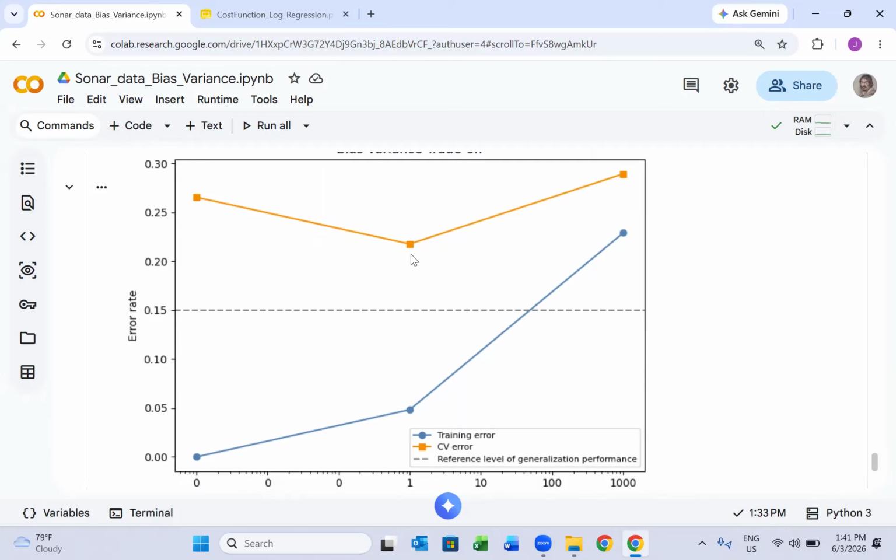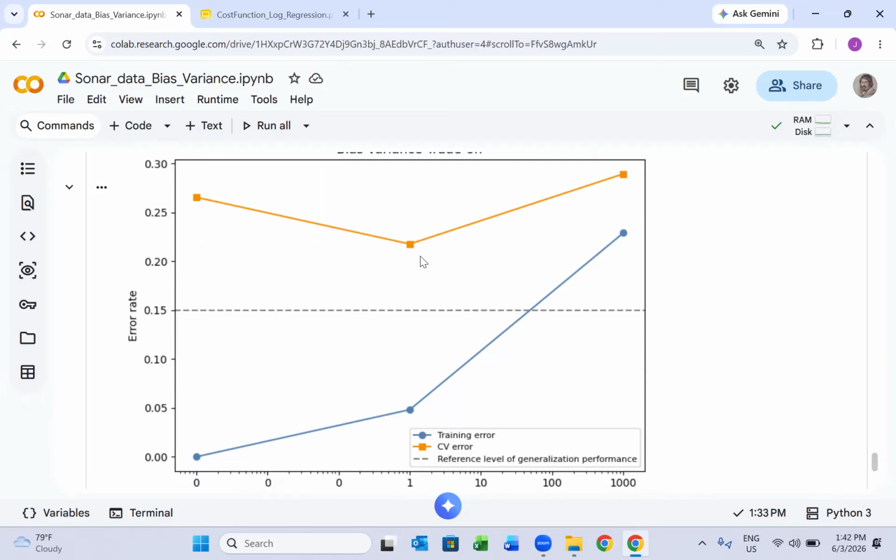So we still see a sizable gap in performance between training and validation data, right? So we still see some variance, and we still see some bias because the cross-validation performance, which is what matters, is still kind of far from the reference performance, right? The reference performance is 15%, and the cross-validation performance for this model is above 20. I think it was 21%. So it's still way above the reference level.